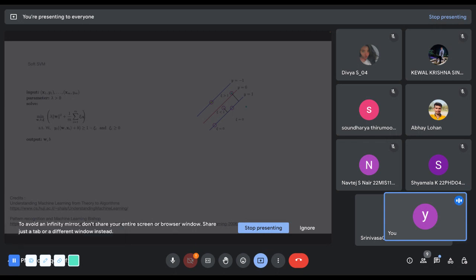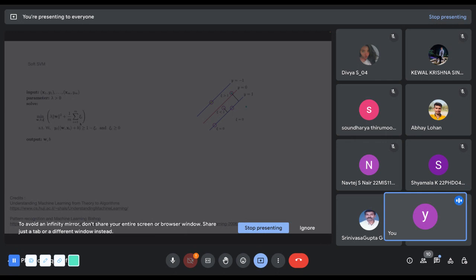Now what is zeta i? Zeta is our slack parameter that you introduce to measure the margin of the mistakes.